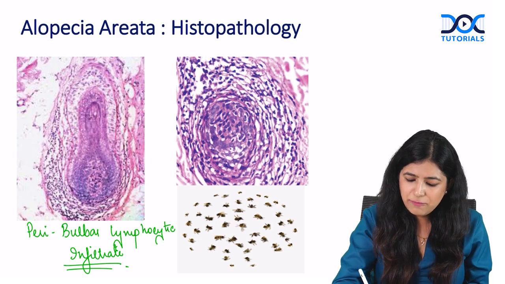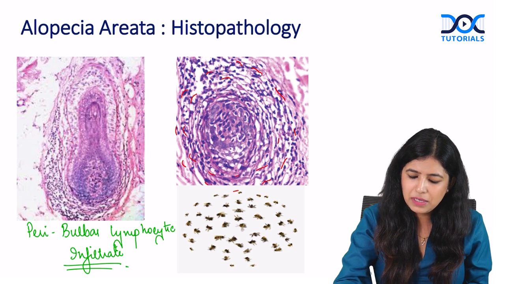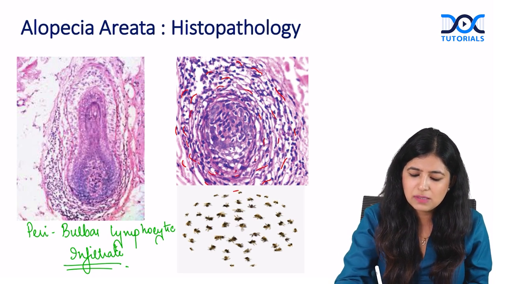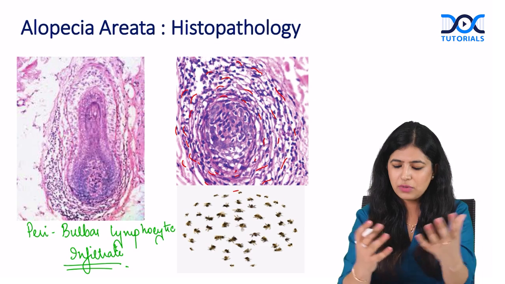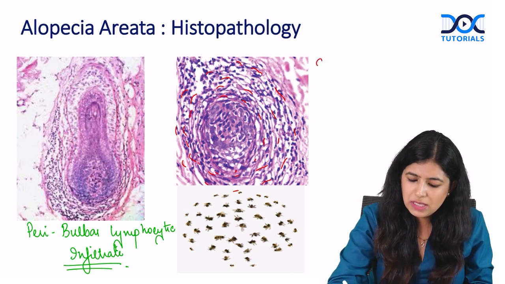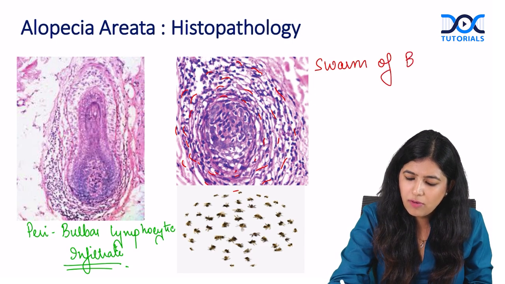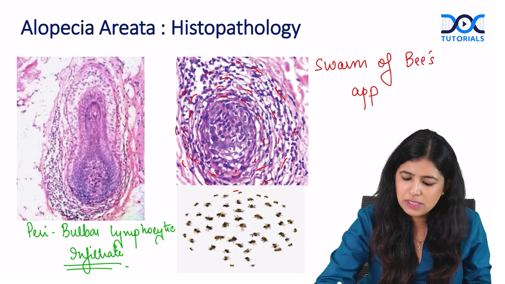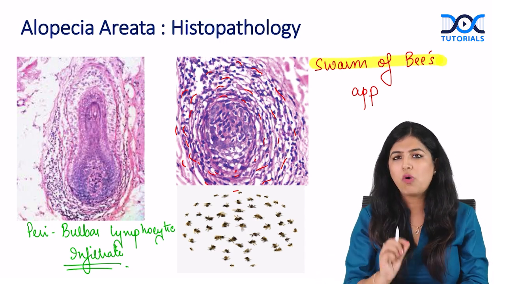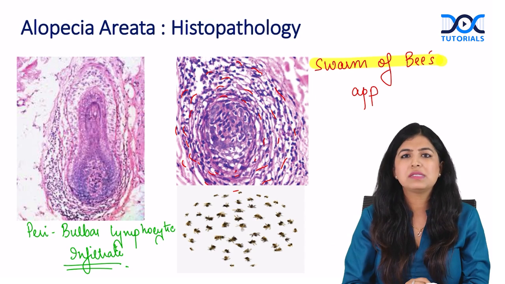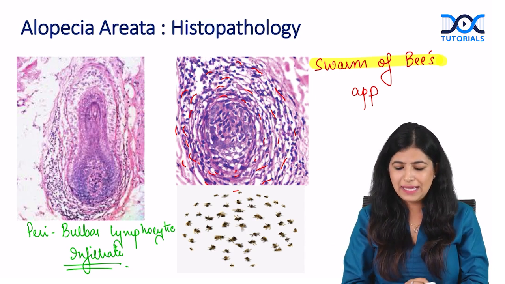Now, these lymphocytes which are targeting the bulb, they appear like a lot of bees which are circling around a target. So this appearance is also called the swarm of bees appearance. So just a named histopath sign here, which is the swarm of bees appearance that you see in alopecia areata.